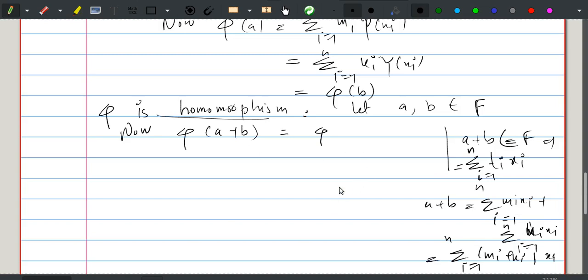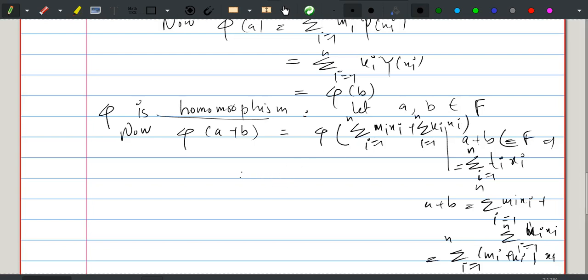So this is phi of sigma i runs from 1 to n mi xi, because a is the same as that, plus sum i runs from 1 to n ki xi.